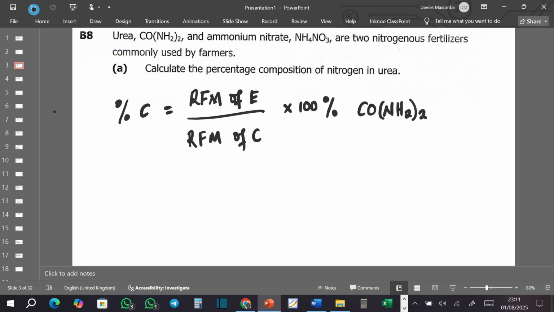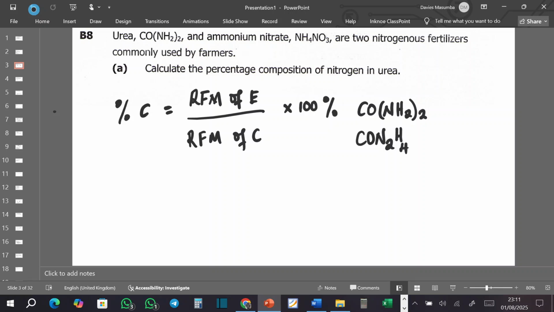So if we want, we can clear out the 2, so we can say this is the same as CO, then N has a 1 down here which we don't show. 1 times that 2, it will be N2, then H has this 2 down here, 2 times 2, 4.